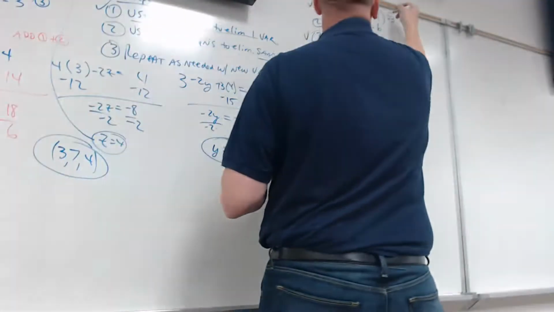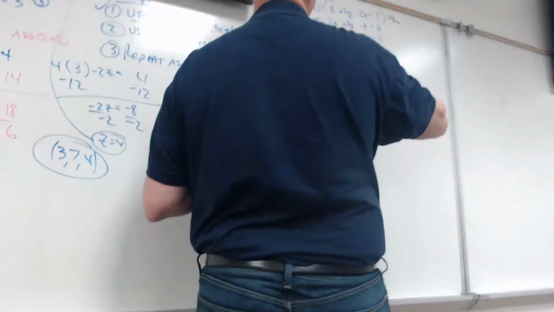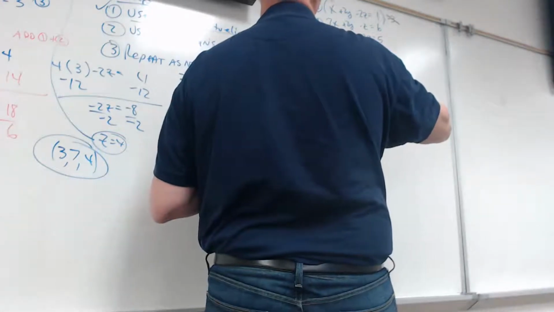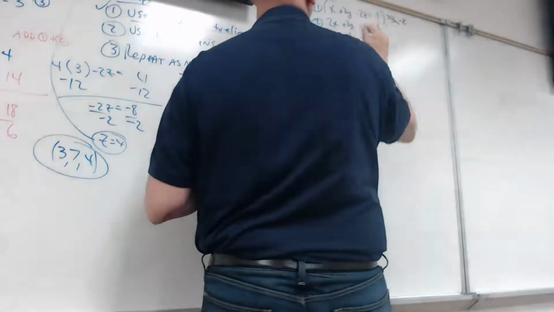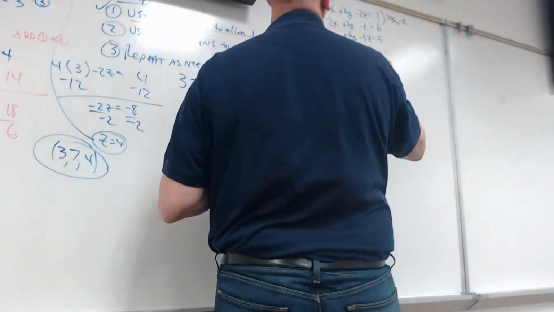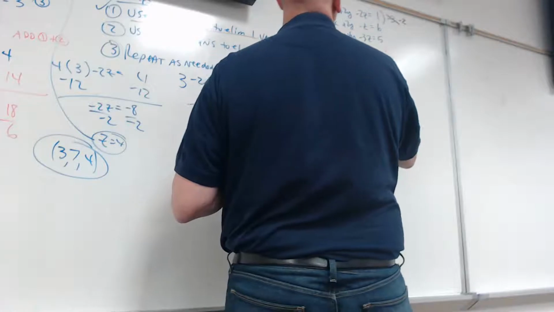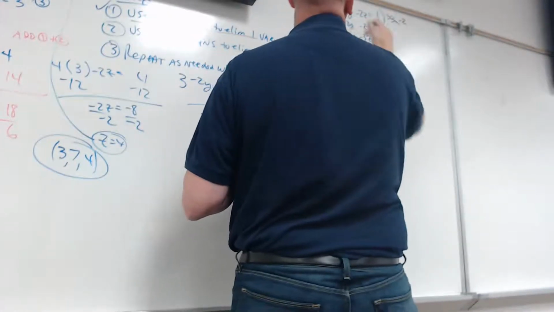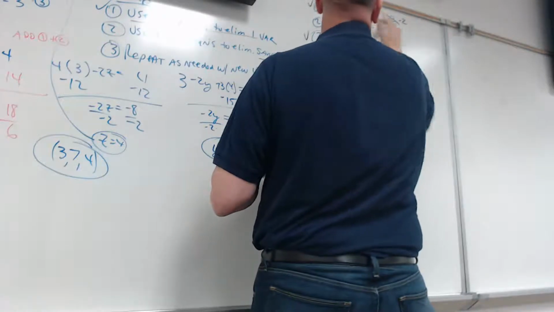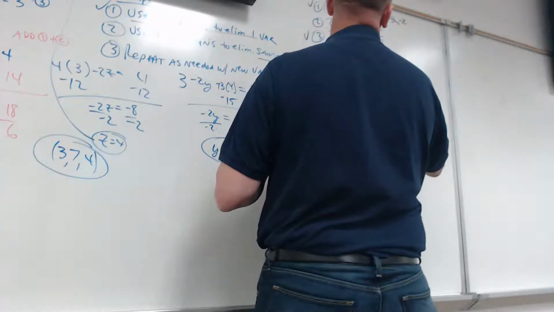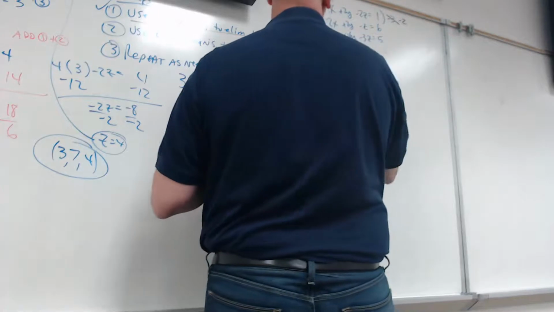This time, rather than multiply equation 1 by -3, we're going to multiply by -2. So -2 times x is -2x, minus 4y, plus 4z equals -2. And then I'm going to rewrite this down here.